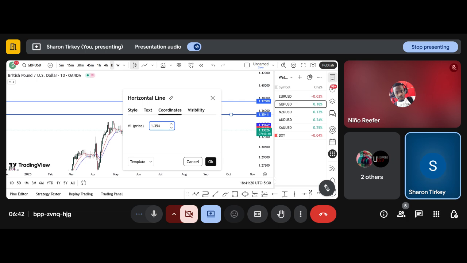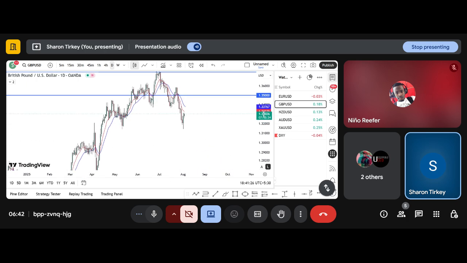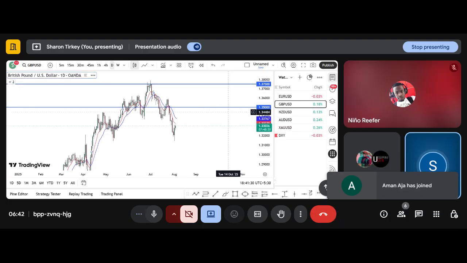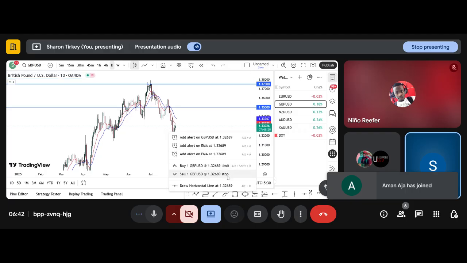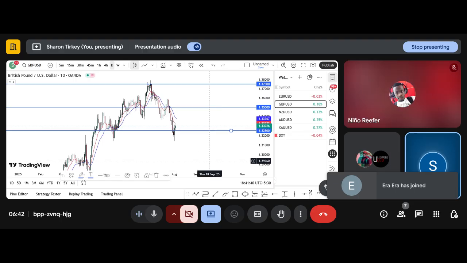You see, this is our support and this is resistance. This three-line is our support resistance. Okay, done.